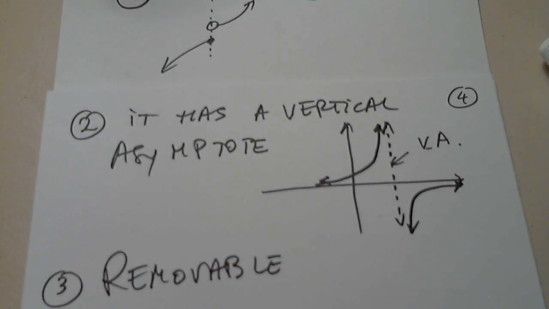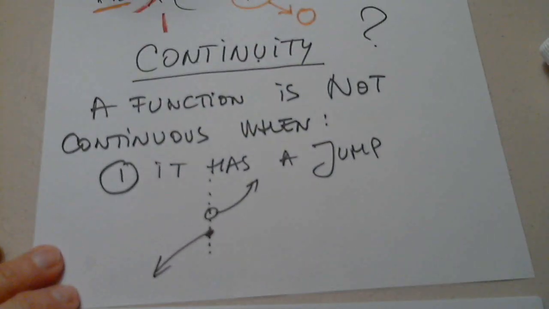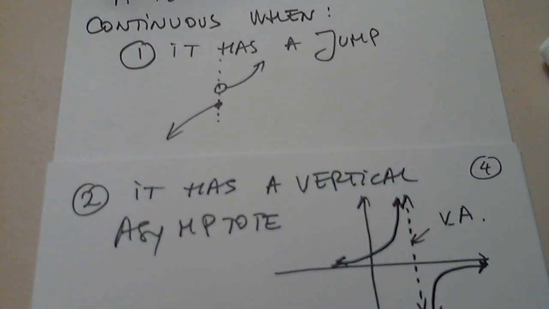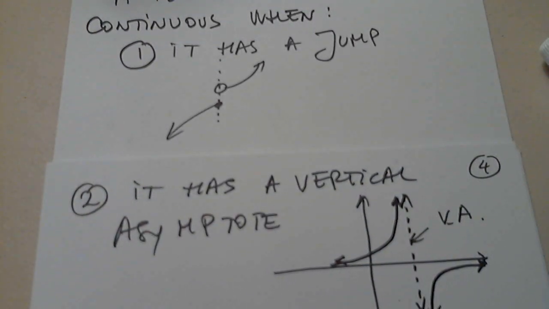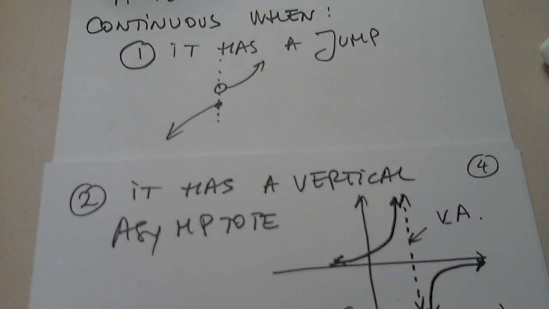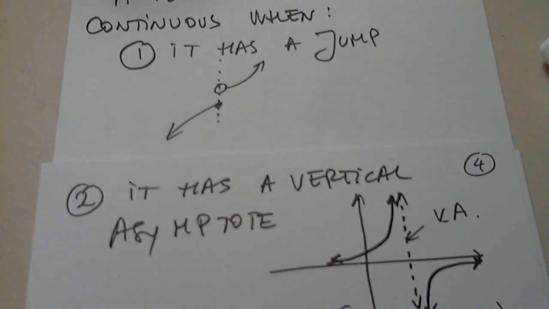This is removable. And we had a situation last time with that graph that I printed out. If you remember, there was a removable discontinuity. So, a jump discontinuity, vertical asymptote, it's called infinite. Infinite discontinuity. Infinite discontinuity, jump discontinuity, and removable discontinuity.